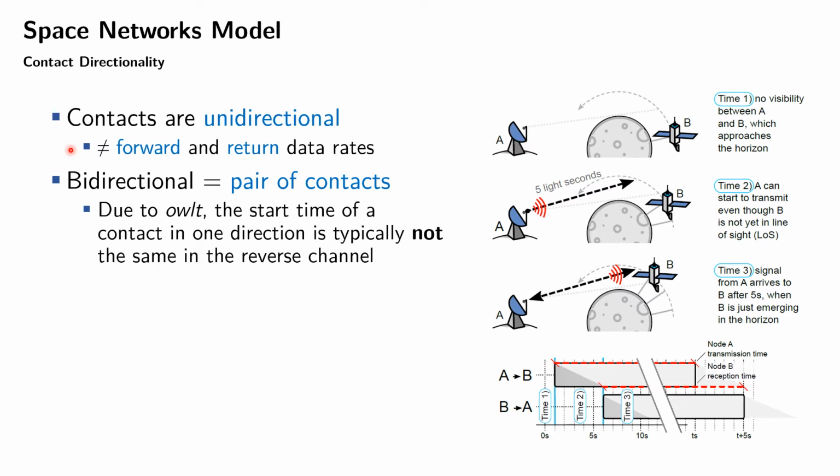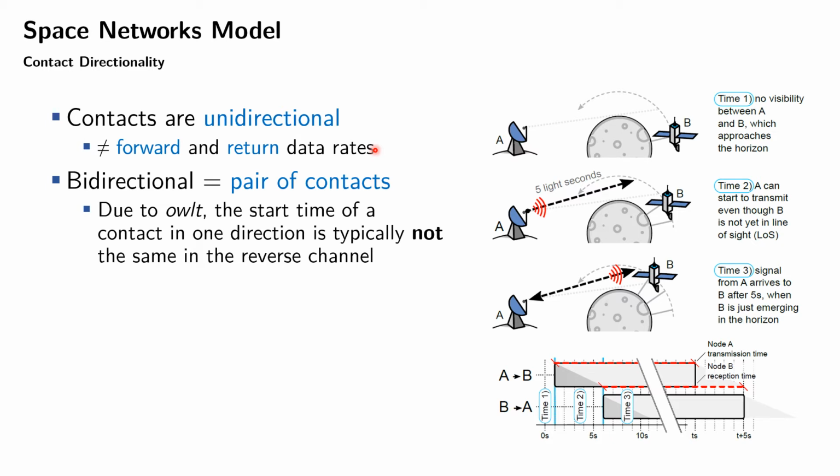One reason is that the data rates for forward and return channels on space missions are typically heterogeneous. We're not talking about something like Ethernet connections here on ground, where you have the same data rate in one direction as in the other. So in order to properly model this effect in space, contacts are used in a unidirectional fashion.